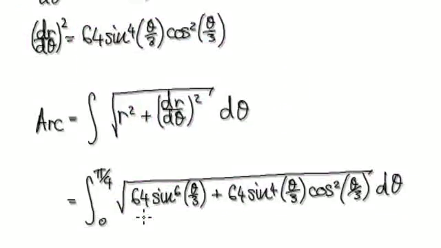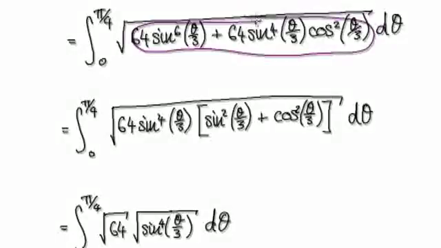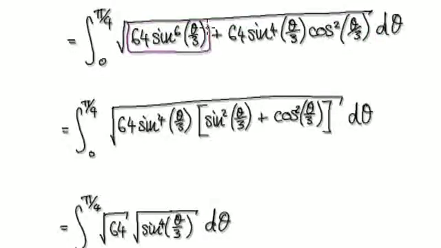Okay, and now let me think. Now if you look at this here, factor out this. At the moment you've got this block plus this block times this block times this block here.